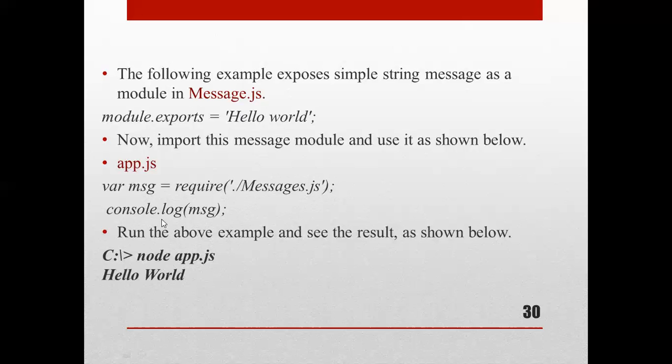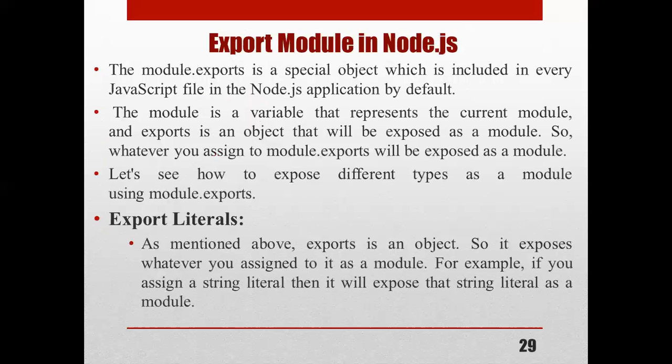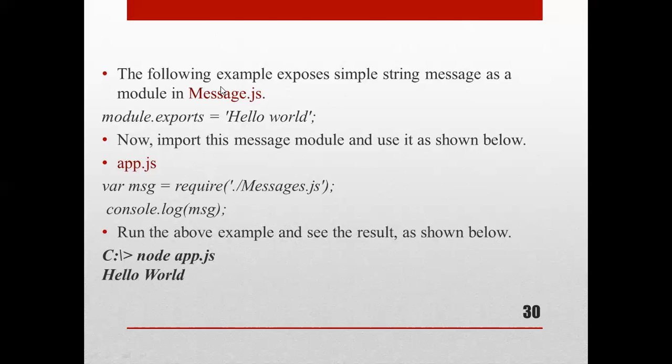After running the application with node app.js, it will print that message, hello world. So this is the way export literals act as a module, and we can use string literals as a module here.